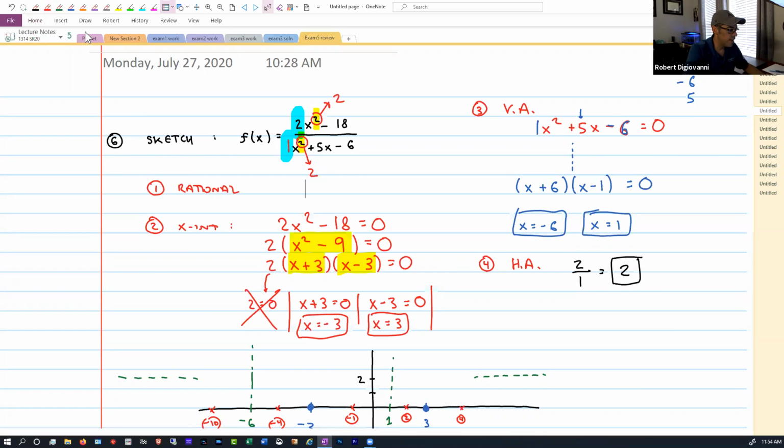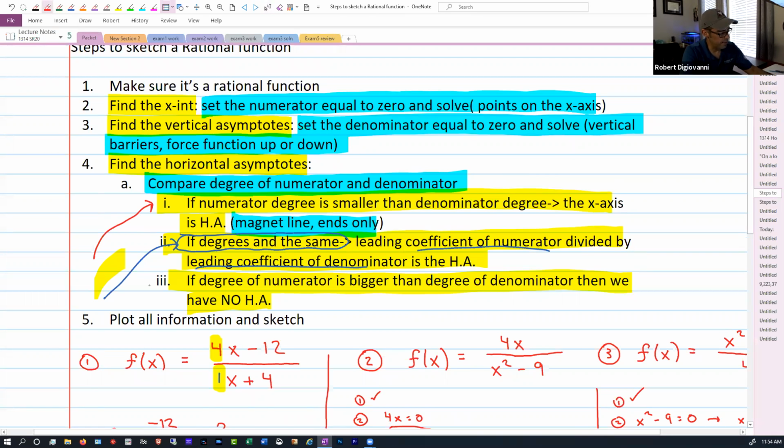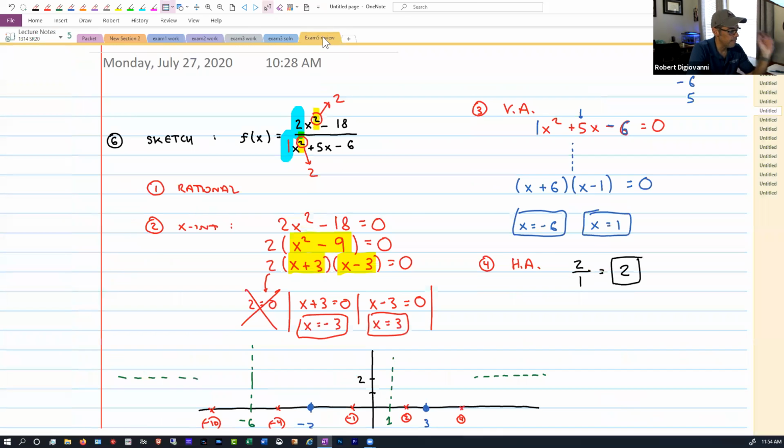And the step says that if, so I'm looking at this piece right here, if the degrees are the same, that should say are. I don't know why it says and. If degrees are the same, then the leading coefficient, this is telling you what will happen. If the degrees are the same, the leading coefficient of the numerator, okay, so what's the leading coefficient of the numerator? That's this number right here, the number in front.